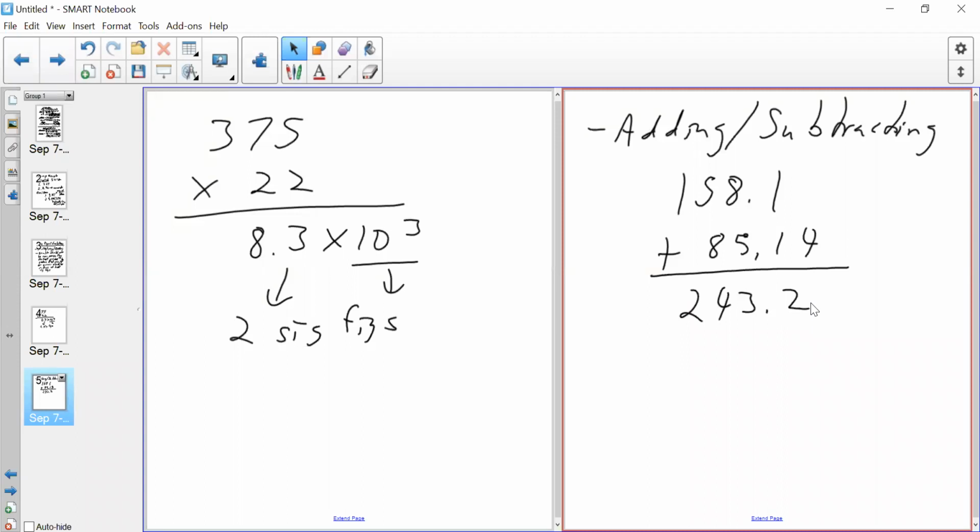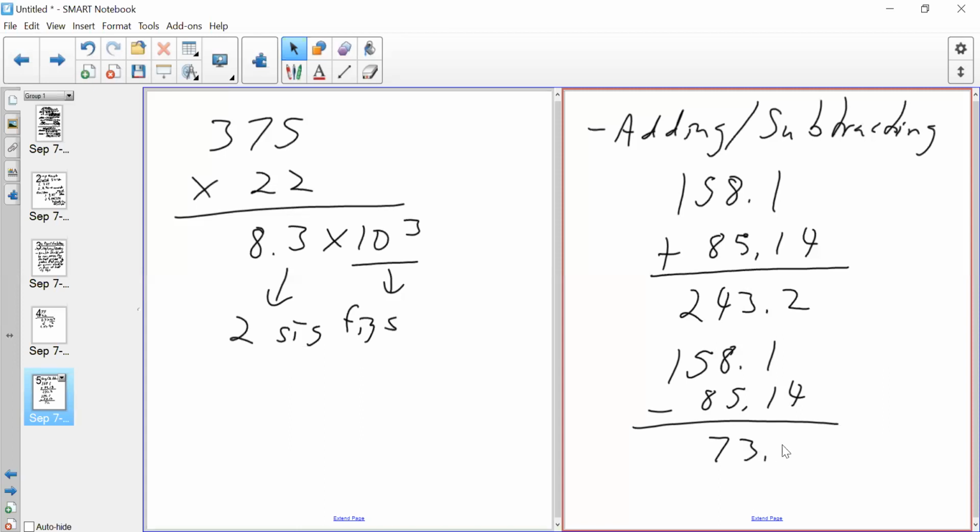And then likewise, for subtraction, if I have 158.1 minus this, okay, so 72.96, you can say 72.9 or 73.0, whatever suits your fancy.